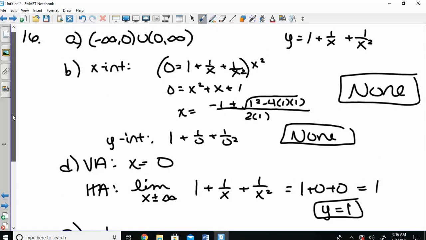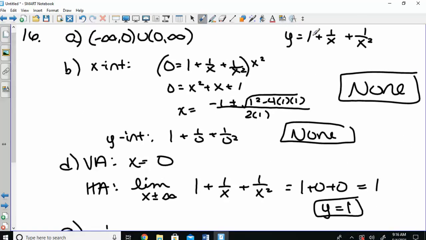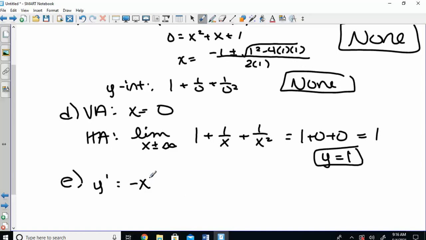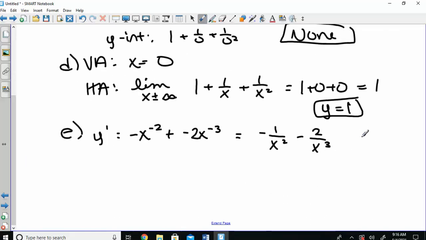If you do this derivative term by term, the 1 would cancel. 1 over x, that's like x to the negative 1, so that becomes negative x to the negative 2. 1 over x squared, that's like x to the negative 2, so that becomes negative 2x to the negative 3. If we find our critical points, that's anywhere this is 0 or undefined.